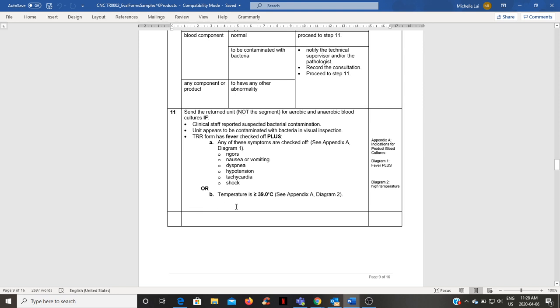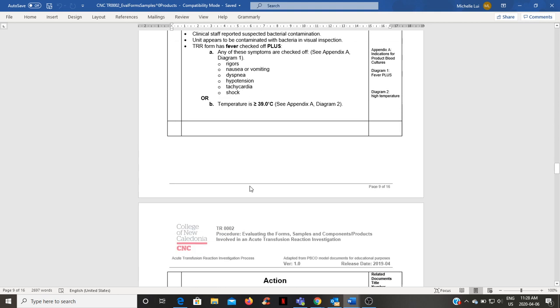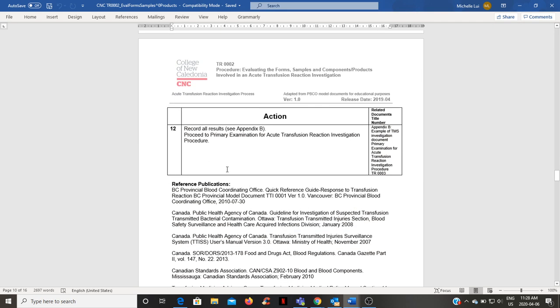So there's basically the same requirements that we looked through before. If those requirements are not met, then they would not culture the unit. Okay, record all your results and proceed to primary examination, which is number 3.